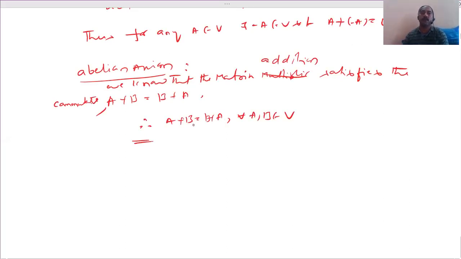So next, scalar multiplication operations.